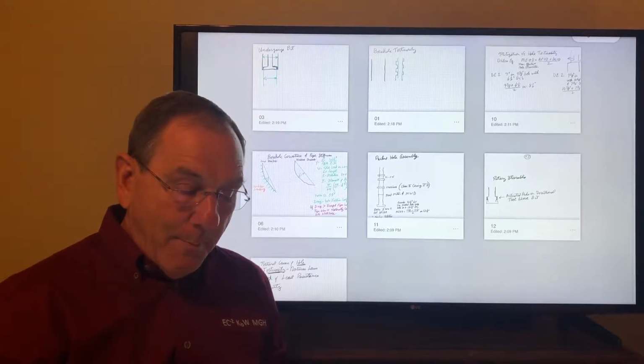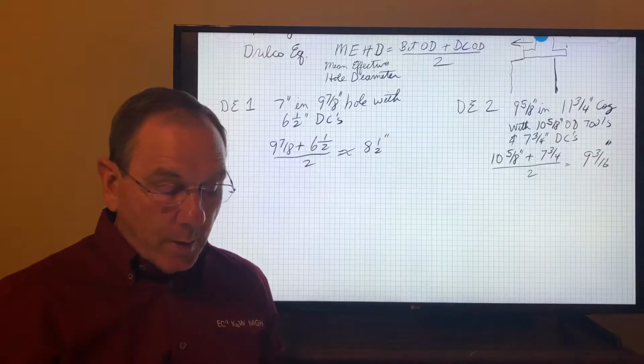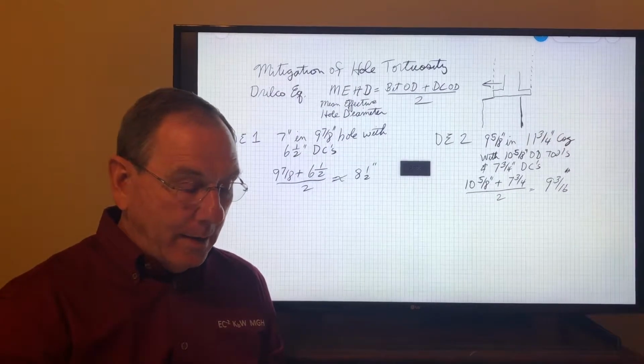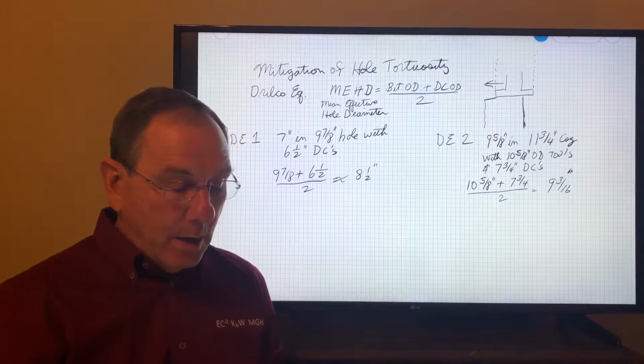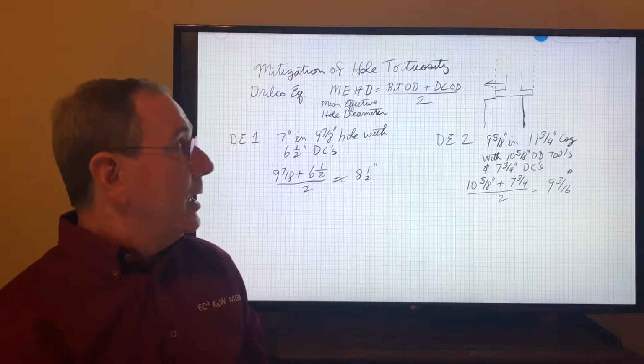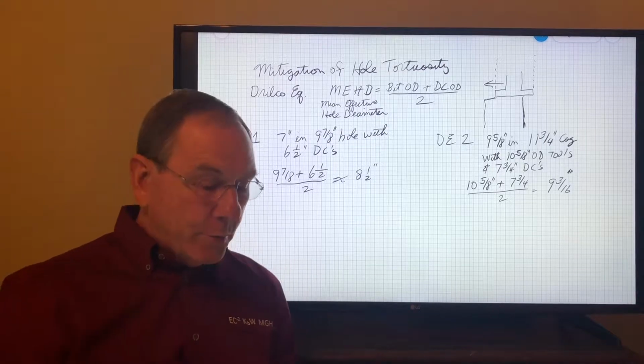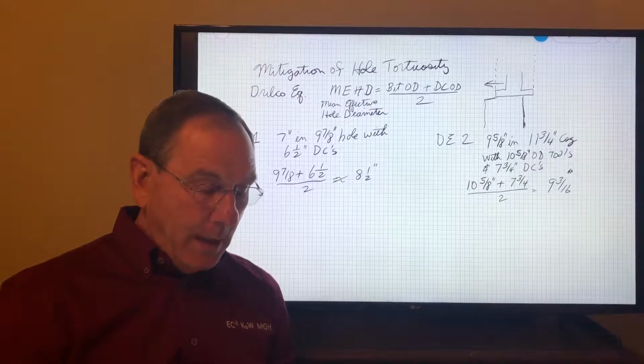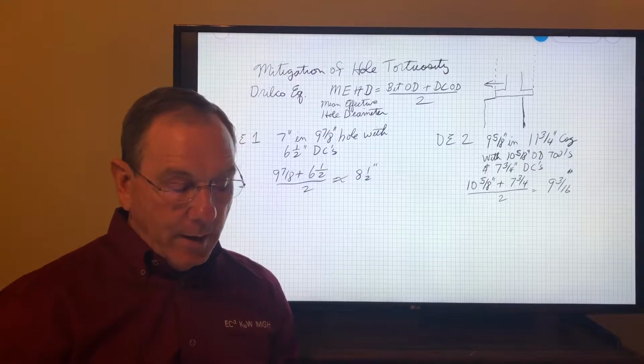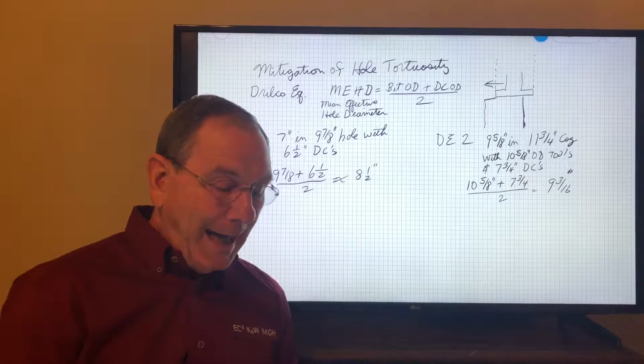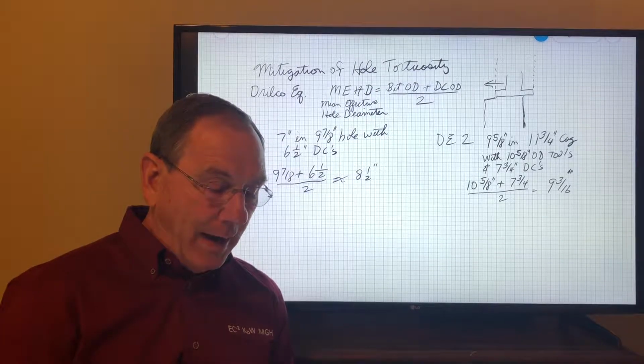We have to mitigate hole tortuosity and analyze it and know when we need to do something about it. So here's what I call the drill collar equation that was utilized by industry when I came to work in 1975.